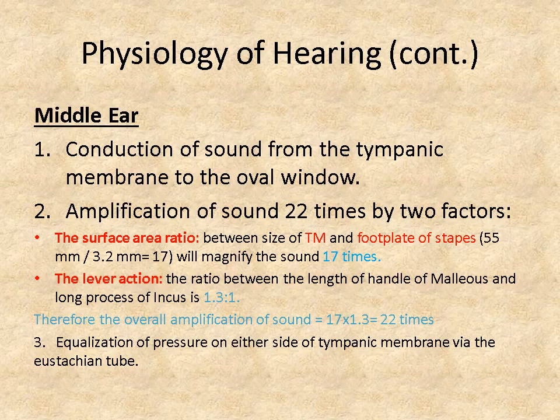The lever action is also the ratio between the length of the handle of malleus and the long process of incus. So the overall amplification is the multiplication of the 17 times from the surface area ratio and the 1.3 from the lever action of the ossicles, and we get 22 times amplification inside the middle ear.